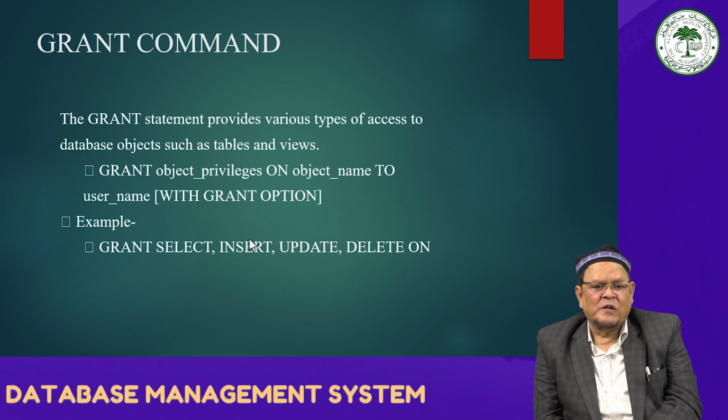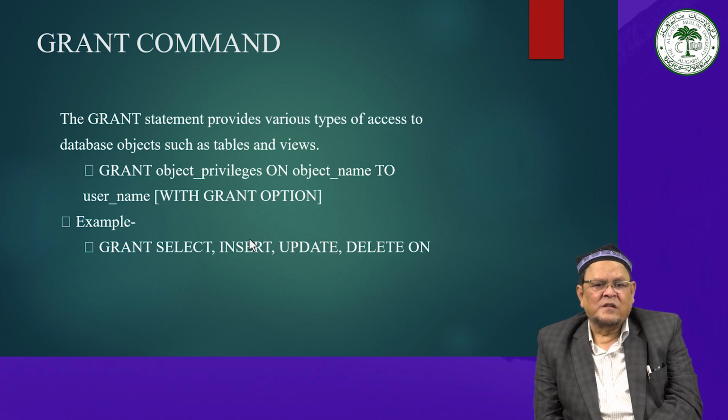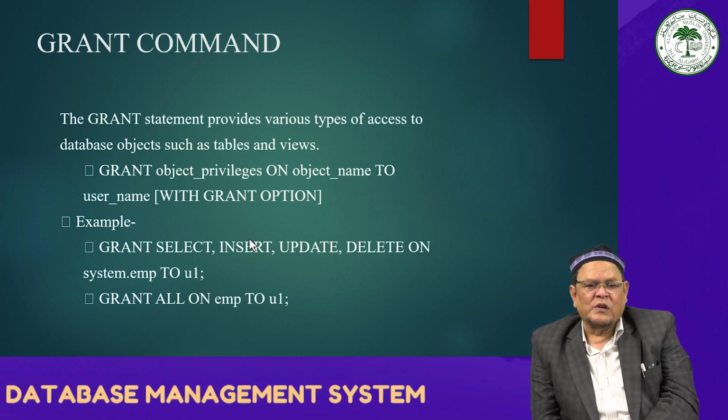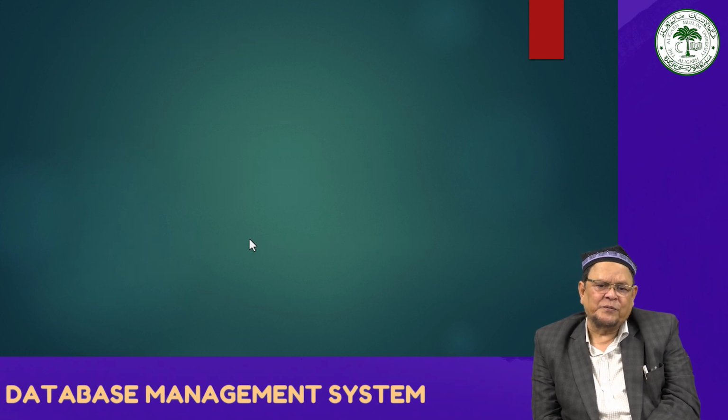For example, grant select, insert, update and delete, if you want to grant only 4 operations on system.imply to U1. Grant all on imply to U1. So in this way you are able to give permission to select, insert, update operations depending on the requirement of the organization. He can delete also.